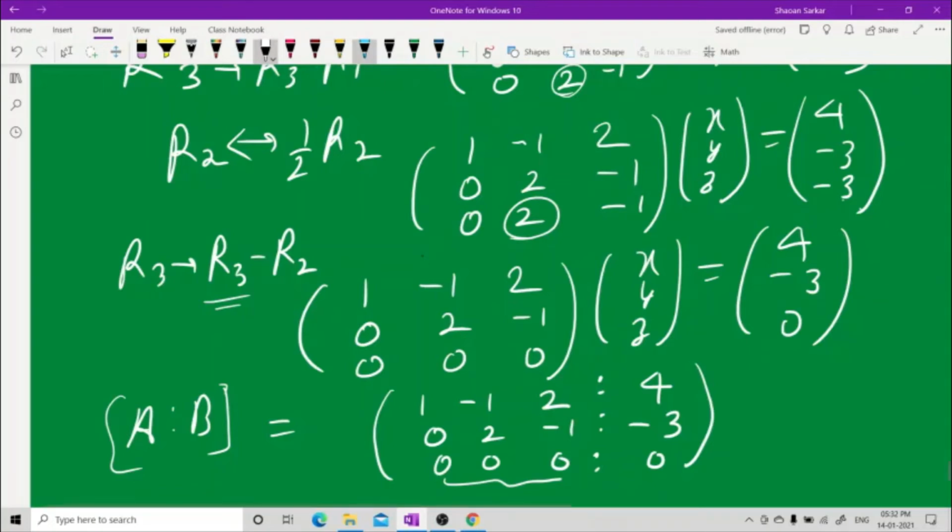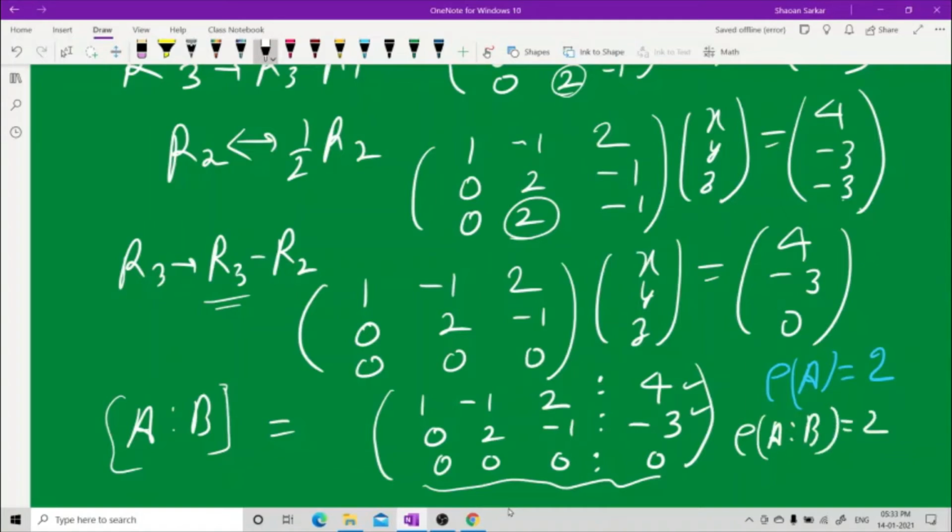Now, the rank of just this portion, forget about this, rank of A is 2. Now take the whole thing. There are only 2 non-zero rows. So rank of A augmented B is again 2.